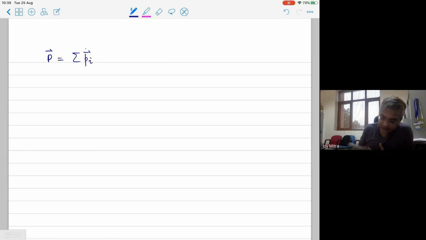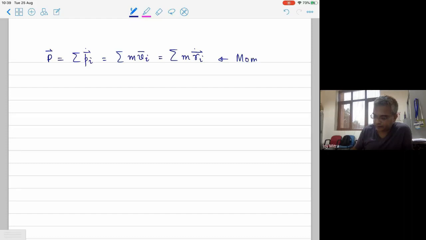That is the principle of superposition that I have been speaking about. And this is nothing but equal to the summation over i of m vi, where m is the inertial mass, which can also be written as m ri dot. Right. So this is our expression for mechanical momentum.